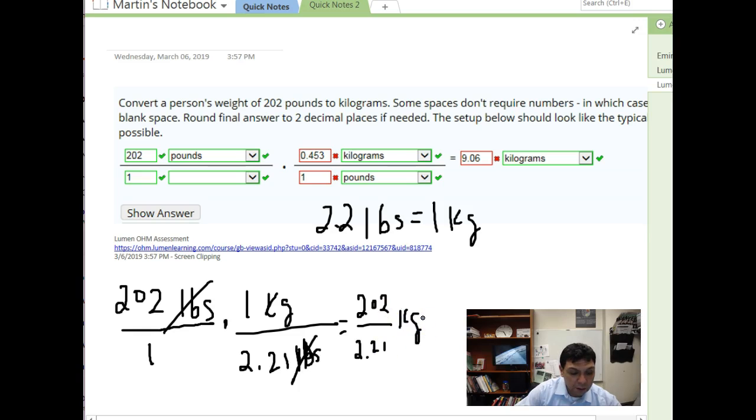We would actually go ahead and calculate that. 202 divided by 2.21. I end up with 91.40 kilograms to 2 decimals. So those are 2 examples to help you.